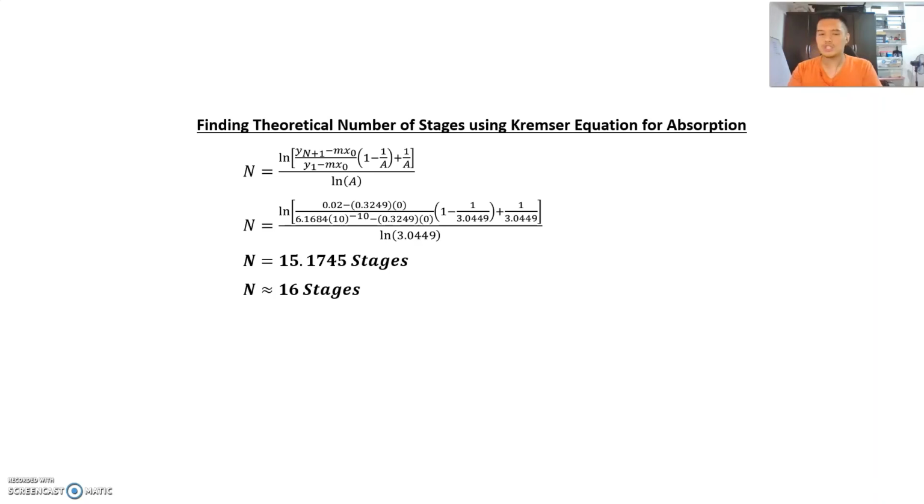Well, this is a shortcut equation, what we call the Kremser equation, to find the minimum ideal stages for absorption columns. Since we already have the data pre-calculated, using the Kremser equation we found that the stages for our given problem should be 16 stages.